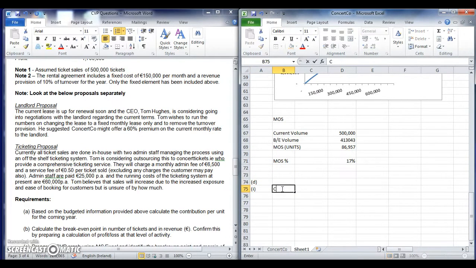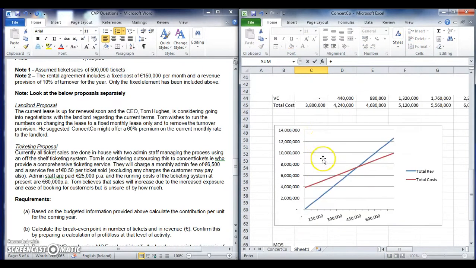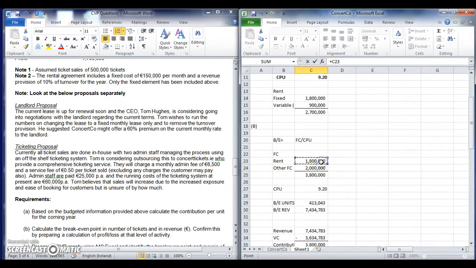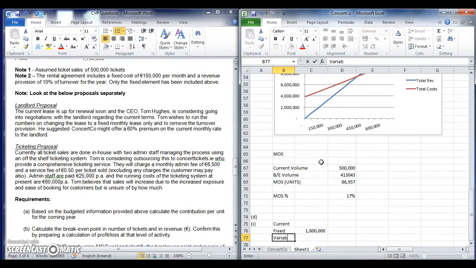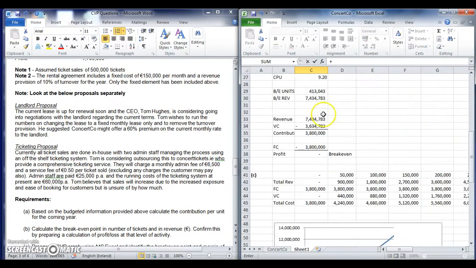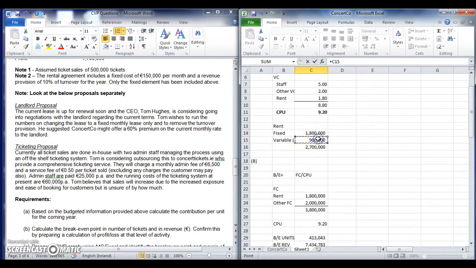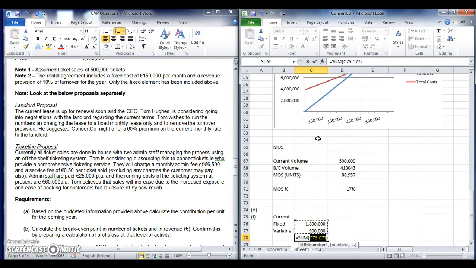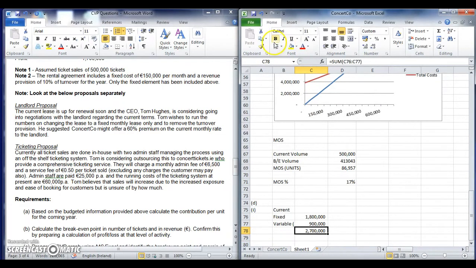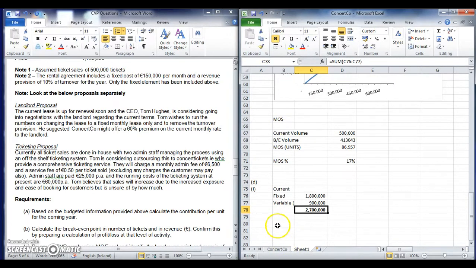So we know the current setup is a fixed element of 1.8 million, and a variable element of 10% of turnover, which we know comes to 900,000. So at the current budget levels of activity, rent is costing us 2.7 million. The proposed one is based on paying 150,000 per month.